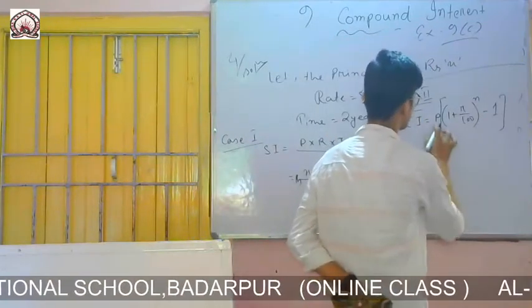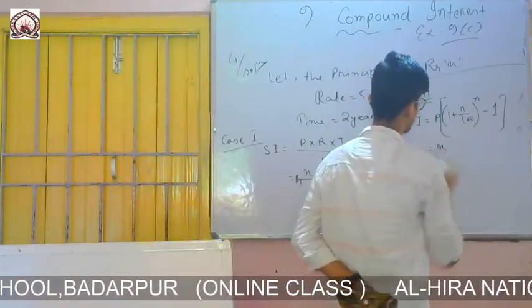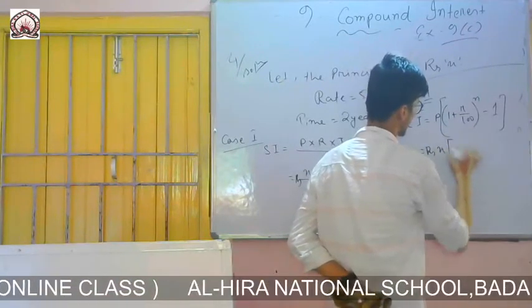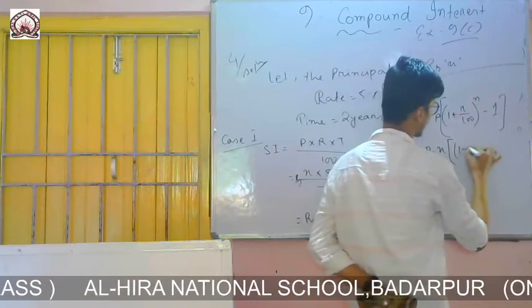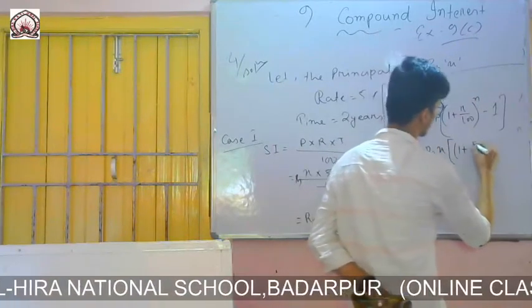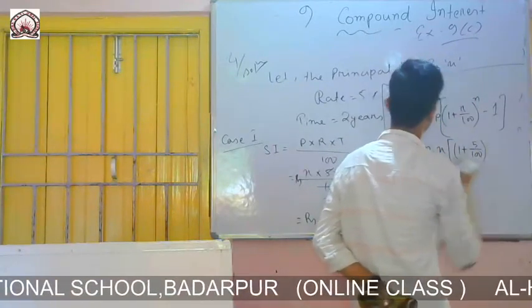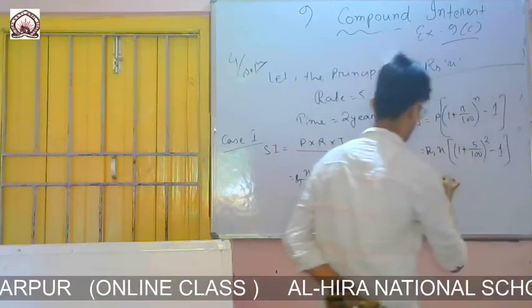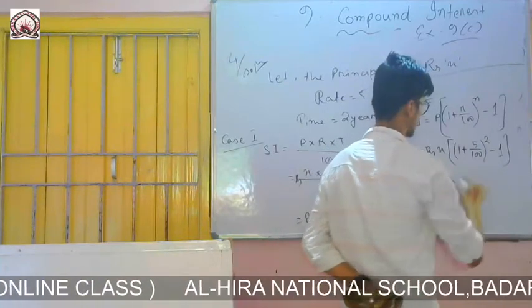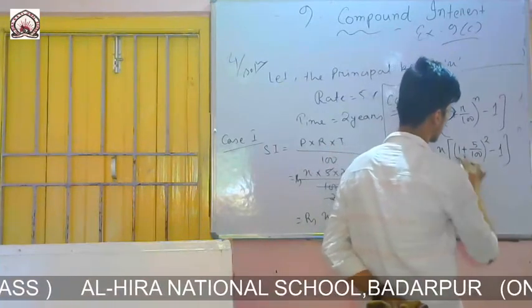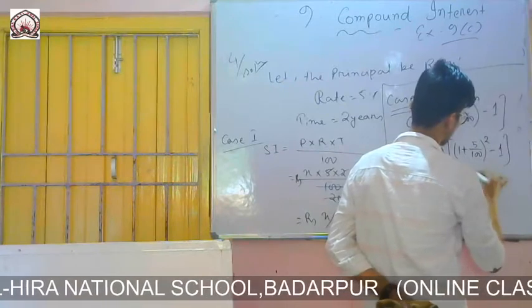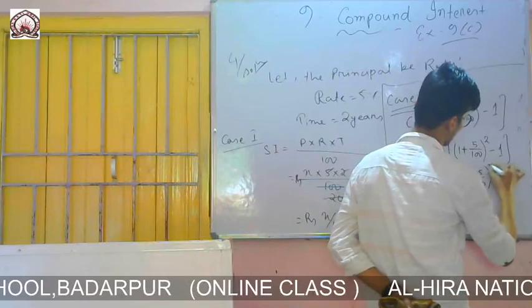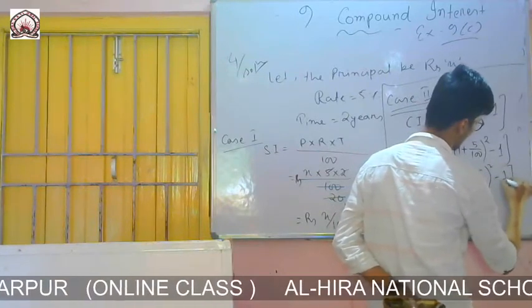So principal, it is given, we have taken it as x. So you write rupees x and then you give the bracket 1 plus rate, it is 5 by 100 to the power n, number of years it is 2, minus 1. If we solve this one, there it will be 100 and there it will be 105, square minus 1.